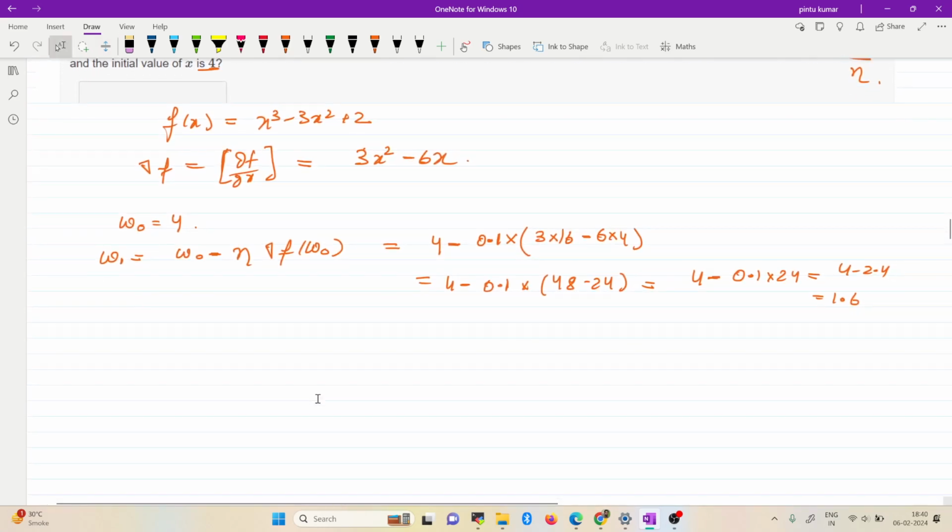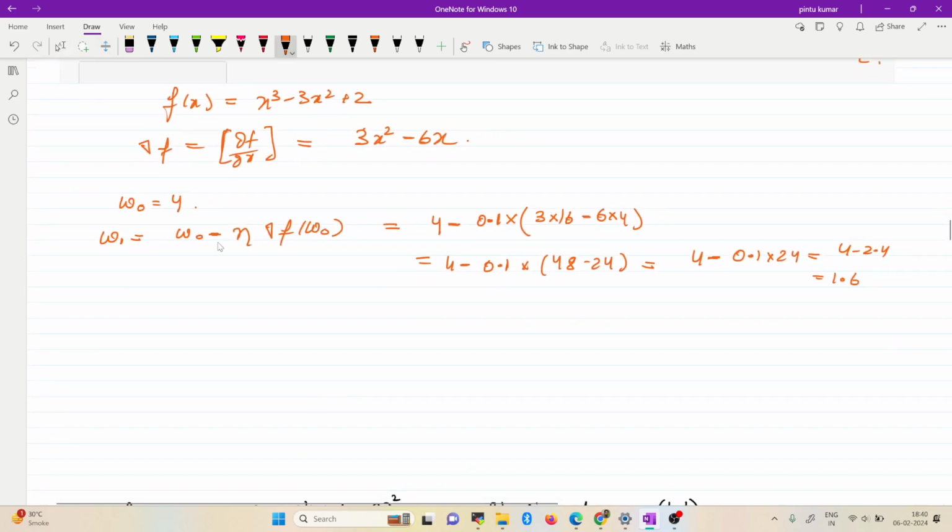Can you guys try the second iteration? You can use the calculator definitely and tell me the value of W2. You can type it in the chat box. I'll wait for some time. So this would be 1.6 minus 0.1 times the gradient at this point. So this is 3 into 1.6 square minus 6 into 1.6. A little bit of maths, but we'll get back to the deep learning part very soon.